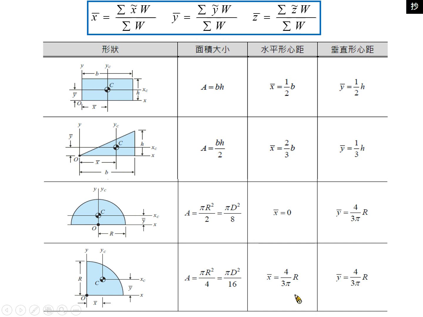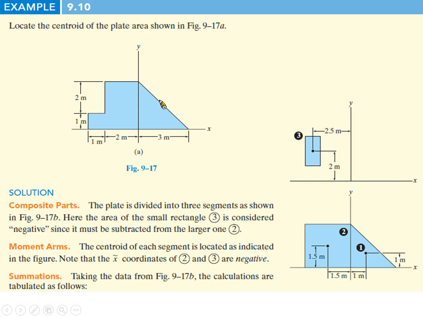Here are the basic cross sections. Of course, if we have a complicated cross area, we probably need to use a concept learned before, which is the equation listed above here. Okay, example 9.10.